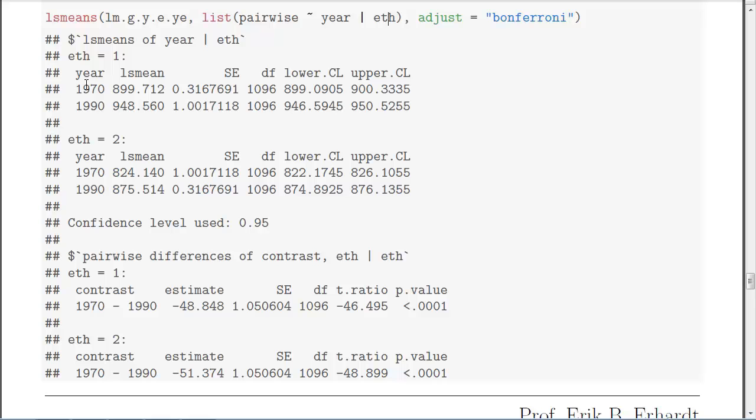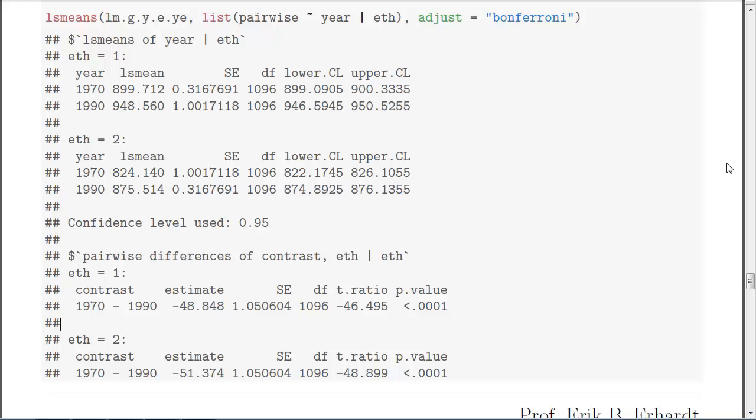For ethnicity 1, from 1970 to 1990, it's 1970 minus 1990 in that order, and because 1990 had a higher score for ethnicity 1, this estimate is negative. So this actually represents a 48-point increase. Same thing here for ethnicity 2.